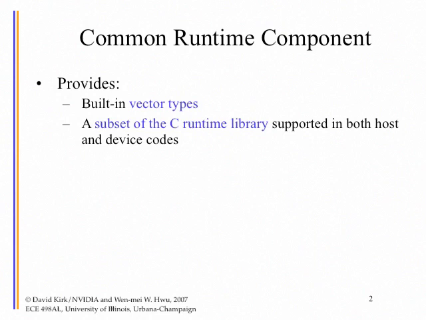And this actually in some cases taps into real hardware that can do the 3 dimensions in the same clock cycle and increase throughput. Okay, and there's also a subset of the C runtime library supported in both the host and device codes. So we'll just quickly go over a few of those.